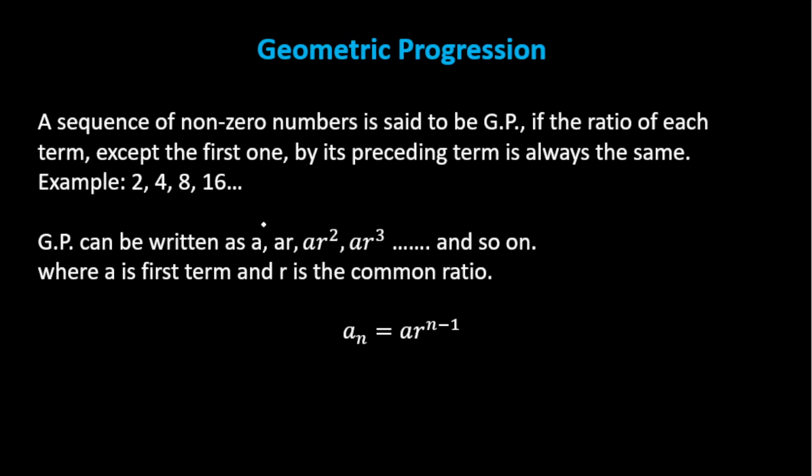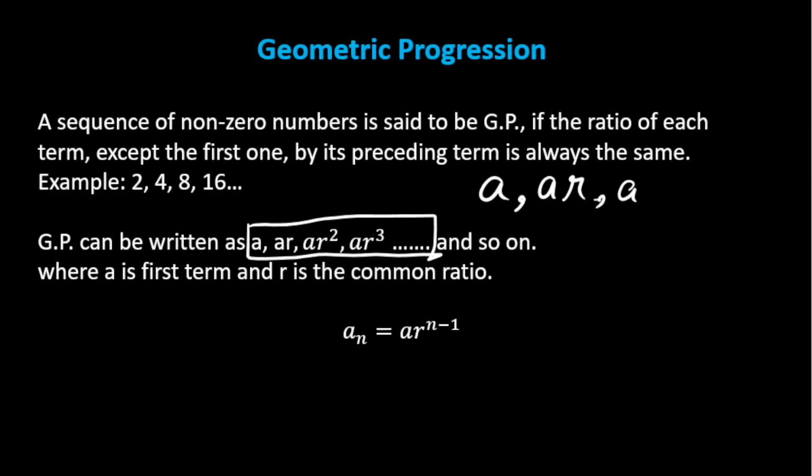I'll tell you a few terminologies. We write a geometric progression in this form: the first term is a, the second term is ar, the third term is ar squared, and the fourth term is ar cubed. So we write A, AR, AR squared, AR cubed, and so on. Here a is the first term.